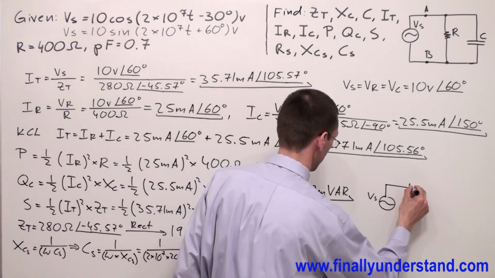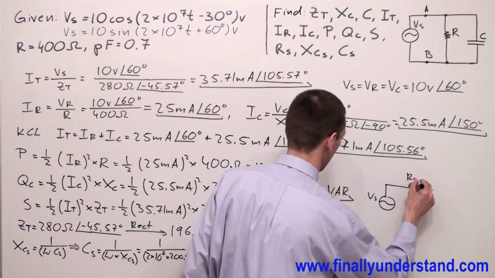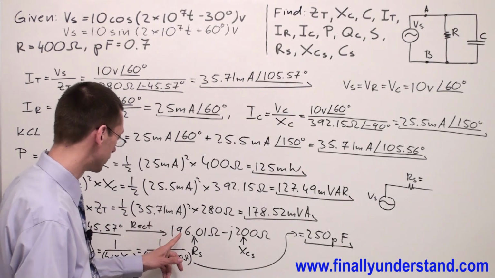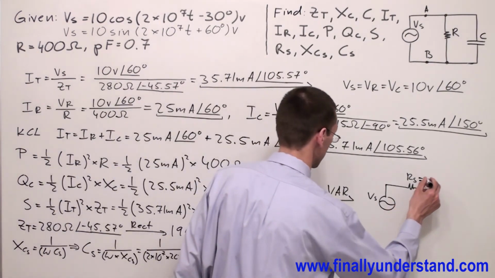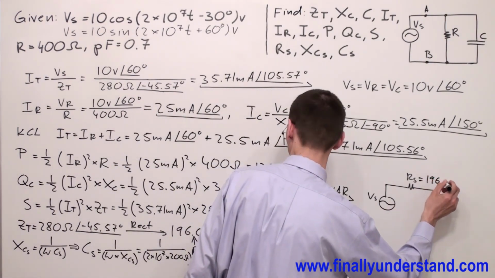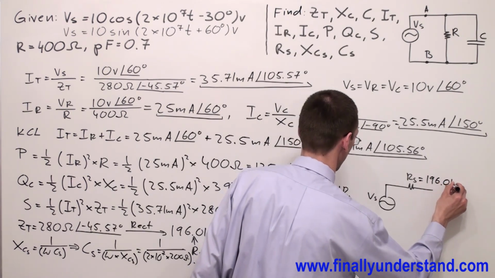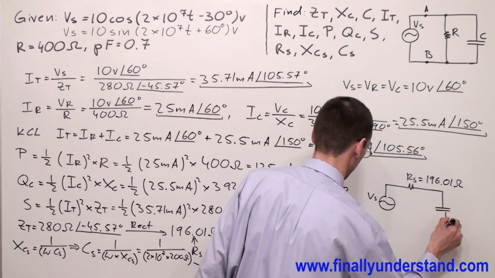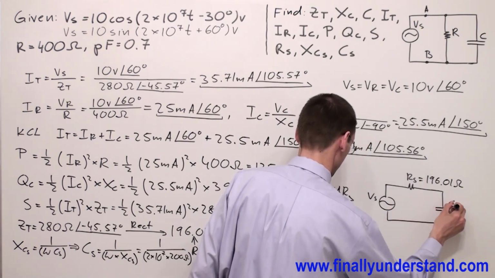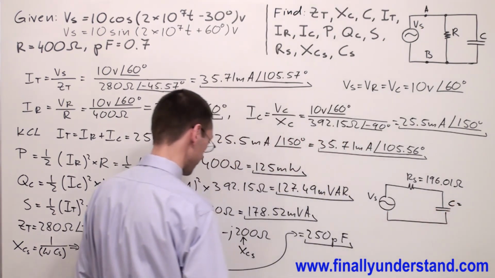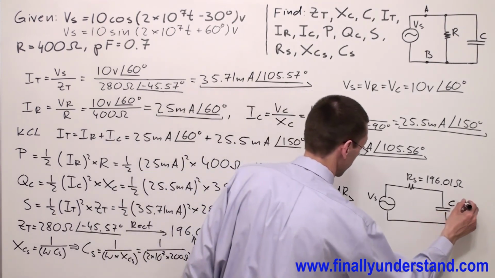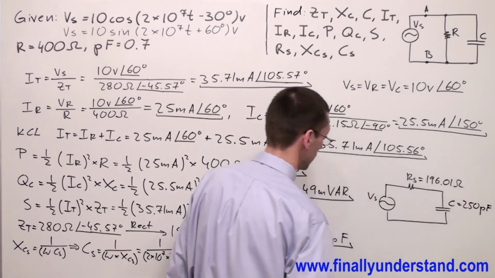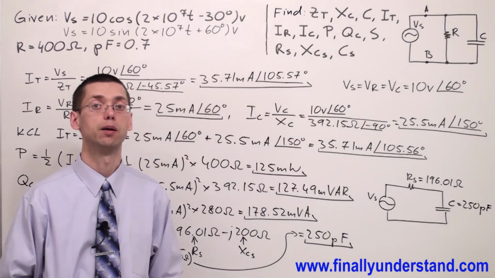We have resistance RS, which is equal to 196.01 ohms, and a capacitor C with the capacitance of 250 picofarads. Now we can say that the problem is solved.